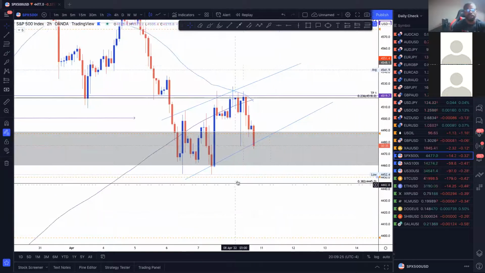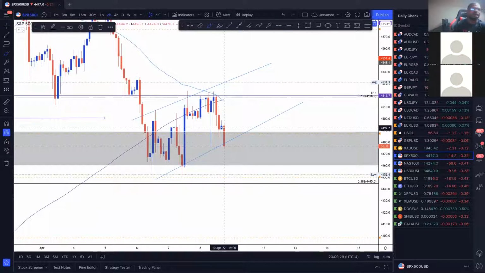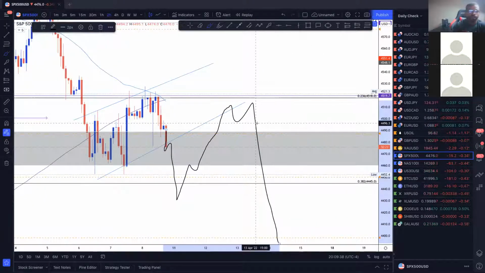So just in case it leaves without us, even if it does, I will not panic. I'll wait on a break below and a retest of one of these areas before catching that move to the downside.